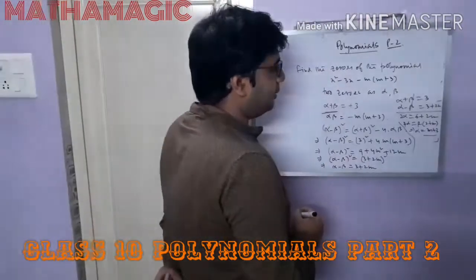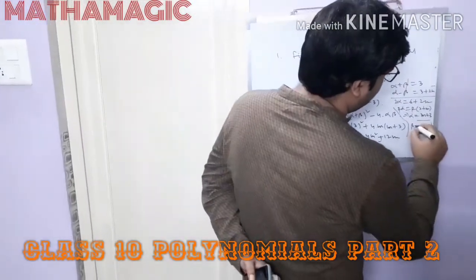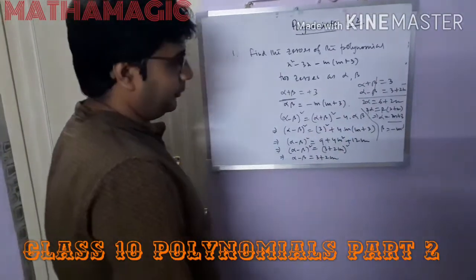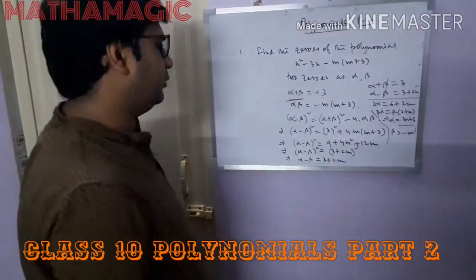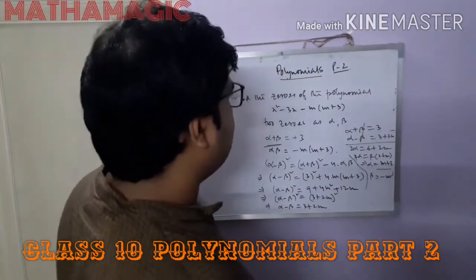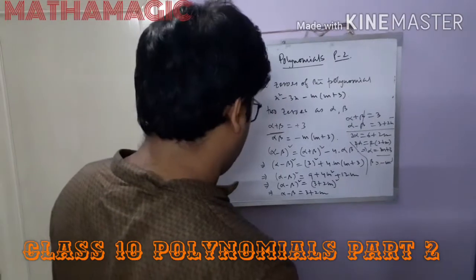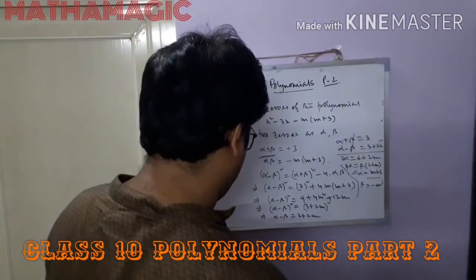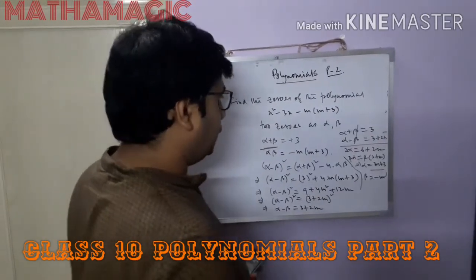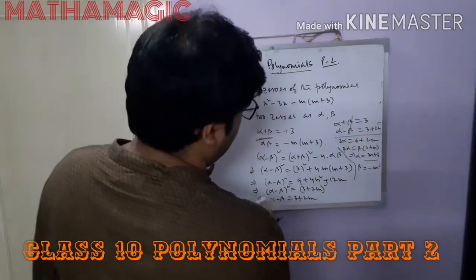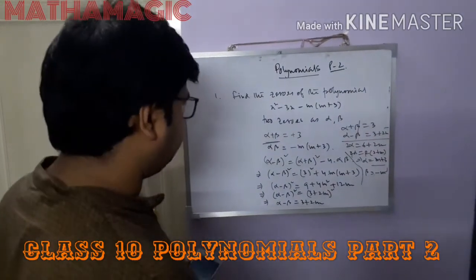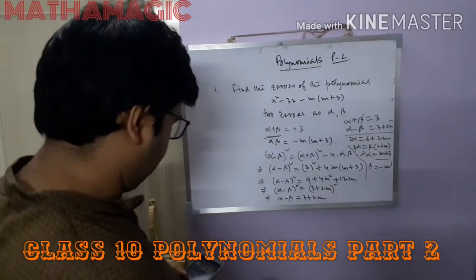And if the value of alpha is m plus 3, the value of beta will definitely be minus m, otherwise this equation will not follow. So this is how we can find the zeros of the polynomials. No need to get confused by seeing that m, it is in the format of m into m plus 3. You have to be very careful about this, and hope you have gone through this problem so that we can move to the next one. Please note it down.